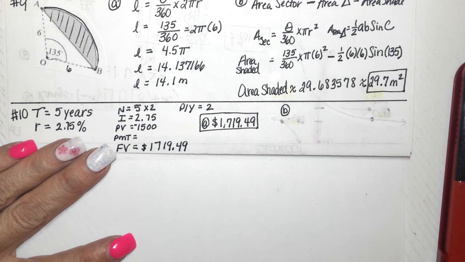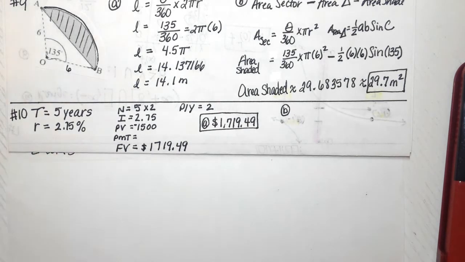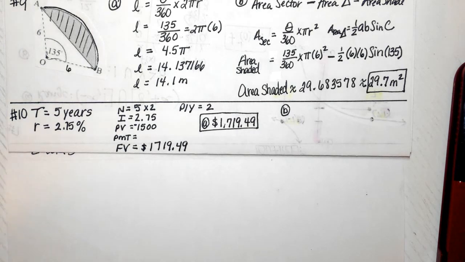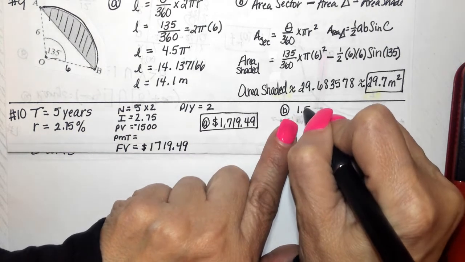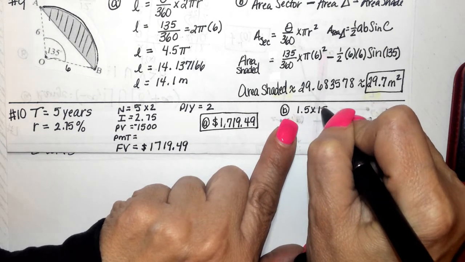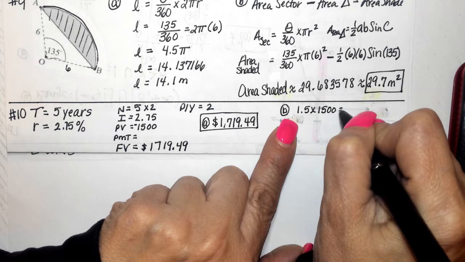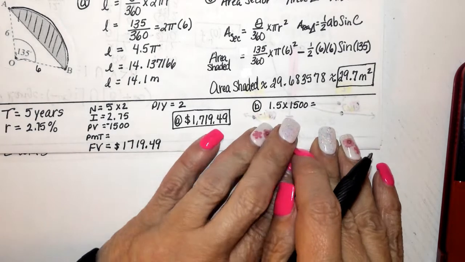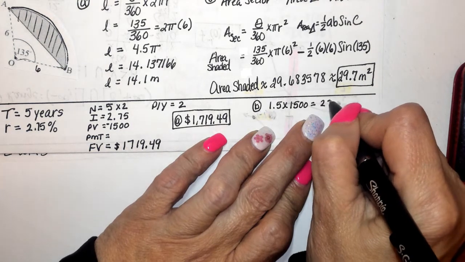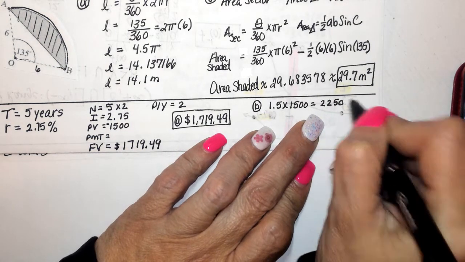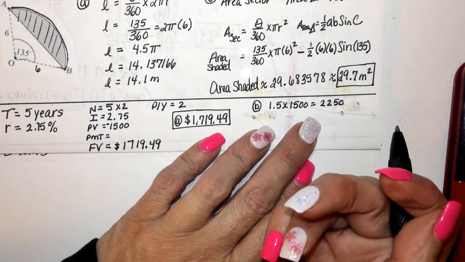He wants to invest his money in an account such that his investment will increase to 1.5 times the initial amount. So 1.5 times the initial amount, I have to do a little bit of math here to figure out what's 1.5 times the initial amount. Well, you multiply that out and it's $2,250. That's how much he wants to have.